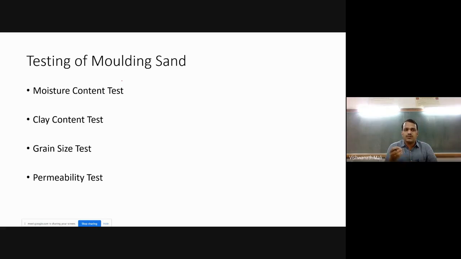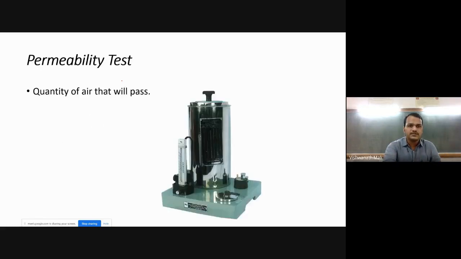How to check these properties, whether this molding sand has these properties or not? To see these properties, we have different tests. For our syllabus, we have 4 types of tests: moisture content test, clay content test, grain size test, and permeability test. Today we will see the permeability test.